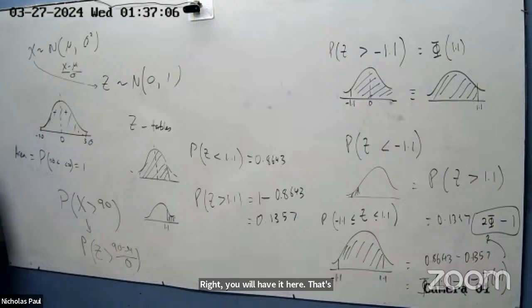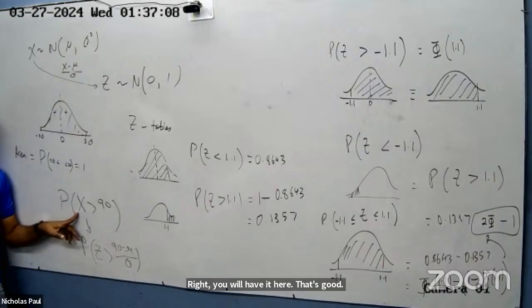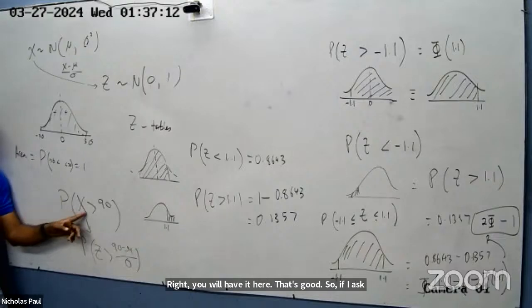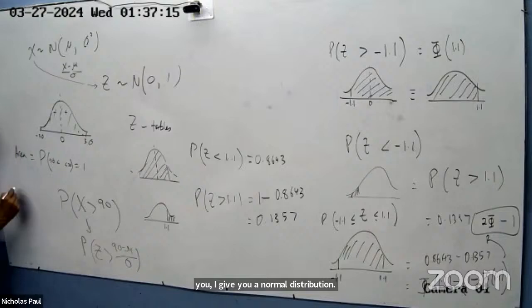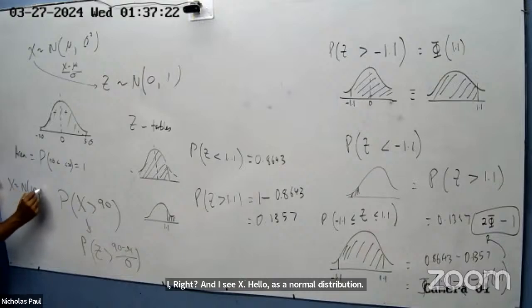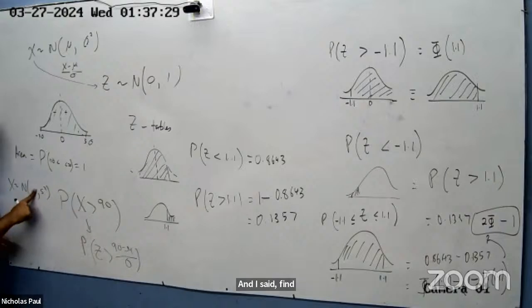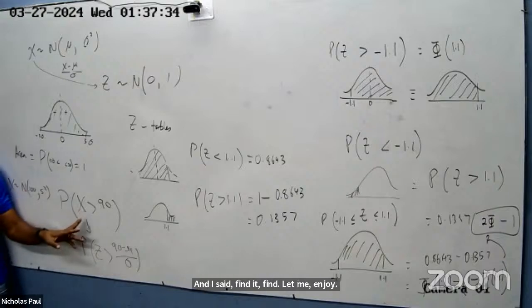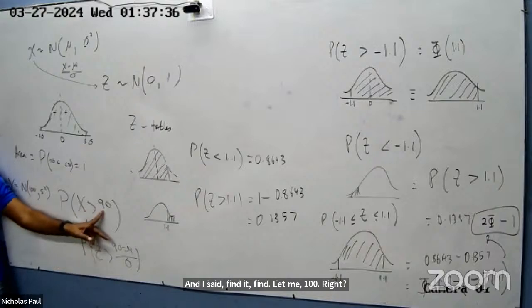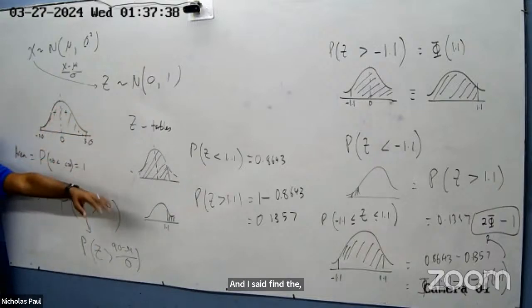So if I give you a normal distribution, and I say x follows a normal distribution with mean 100 and variance of 5 squared, and I say find the probability of this, you have to standardize it to be able to use that table I'm showing you.